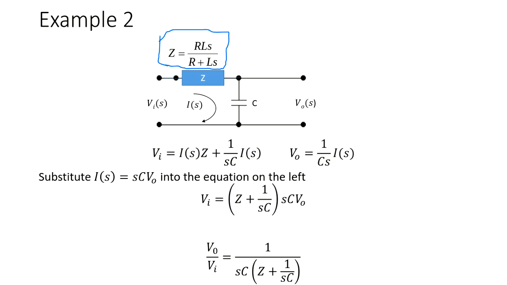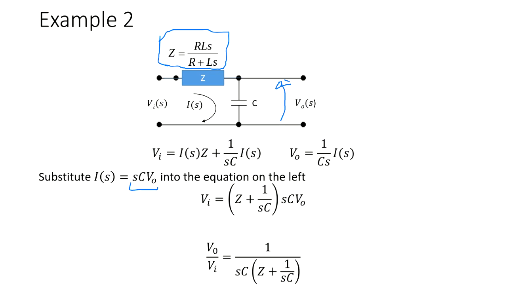So once we do that, we can apply Kirchhoff's current law. But now we are working in the Laplace domain. So it will be I(s) times Z plus 1 over SC times I is equal to Vi. And then Vo, the output voltage, which is the voltage across the capacitor, is going to be the drop here, which is 1 over SC times I. So we substitute for I in terms of Vo. Why are we substituting that?